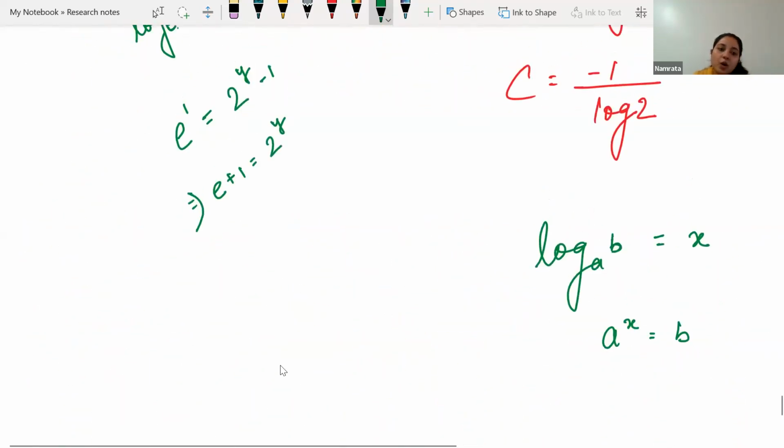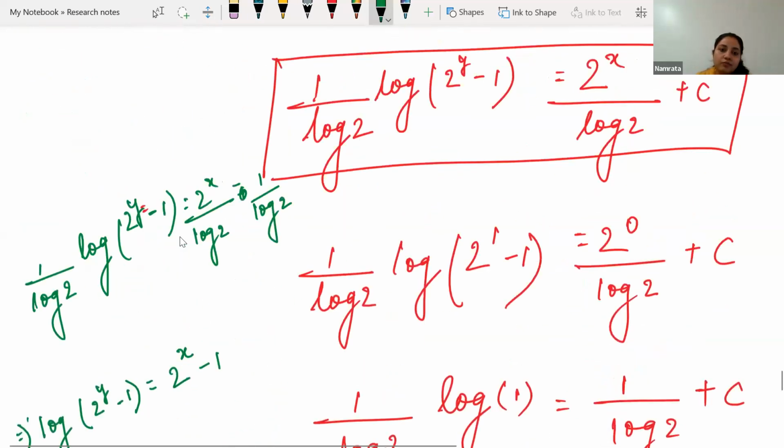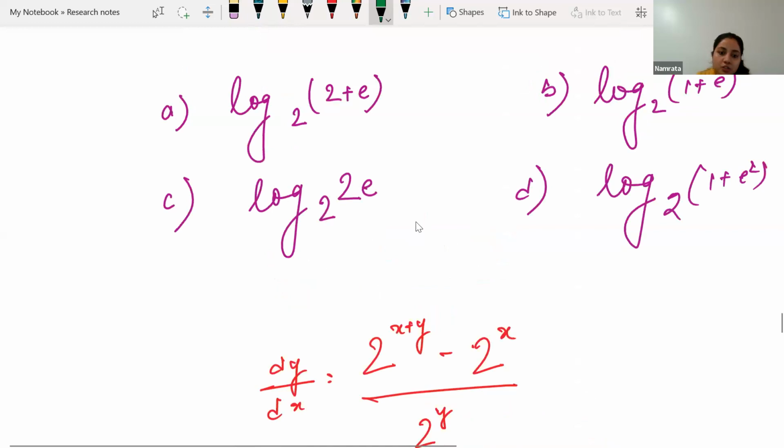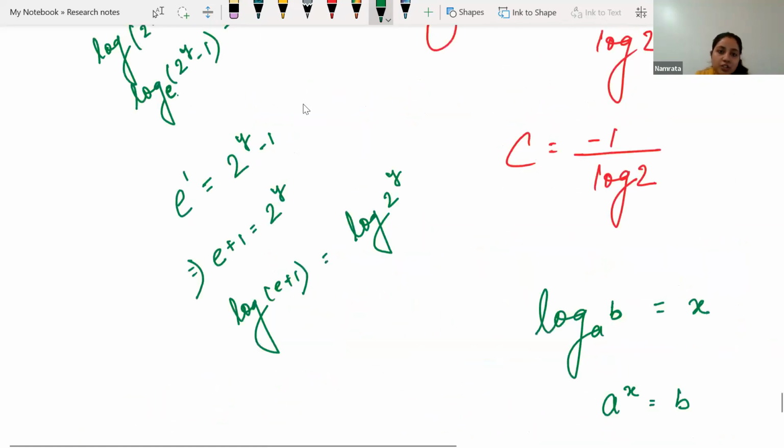If we take logarithm on both sides again, we take base 2, because the options are given in such a way.